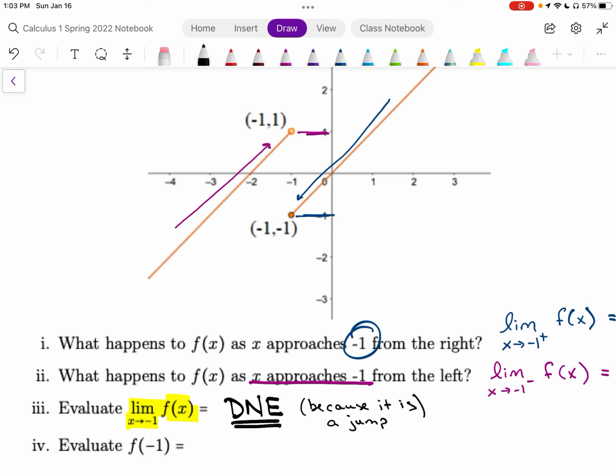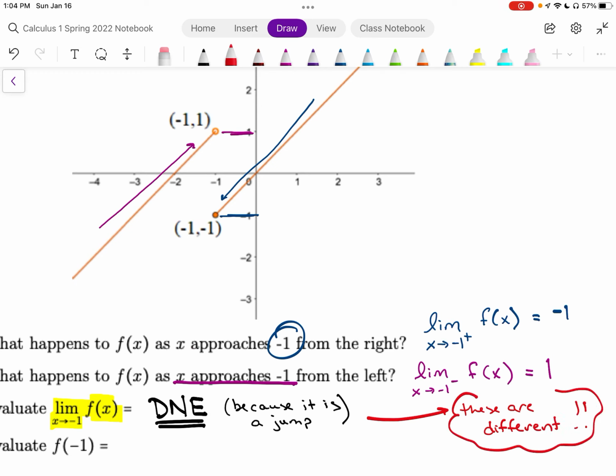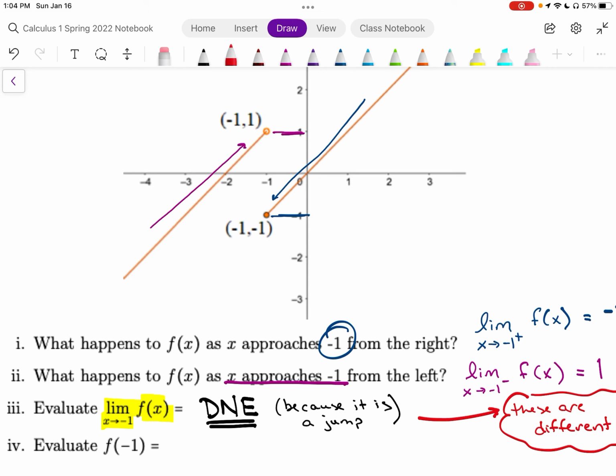It's a jump discontinuity because these two, I'll put this in red, these are different. That's super important to understand. Okay, I'm going to put a big bubble around it. These are different. All right, so that means the limit does not exist.